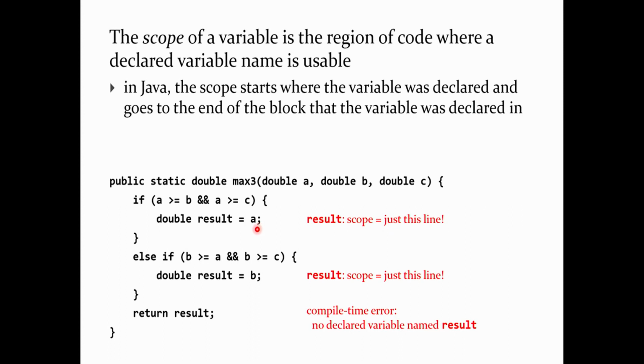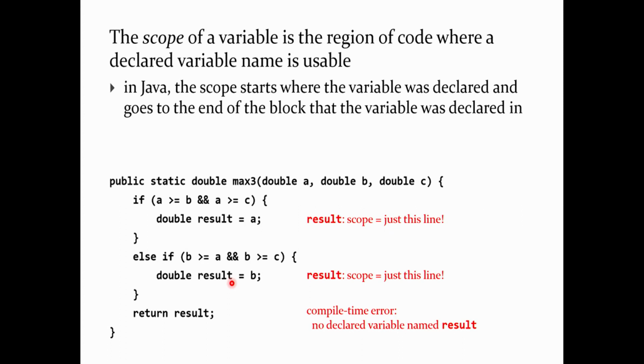Which is a problem, because the name result is usable only inside of that block. I declared it inside this block, so it's only usable inside that block, which means it goes away as soon as this block of code is done. Similarly, you might write double result equals b here.